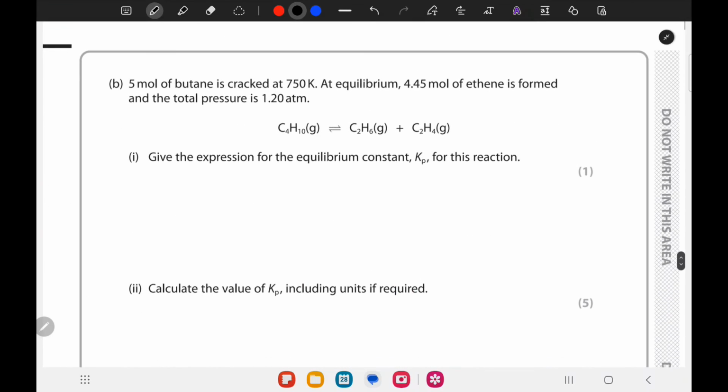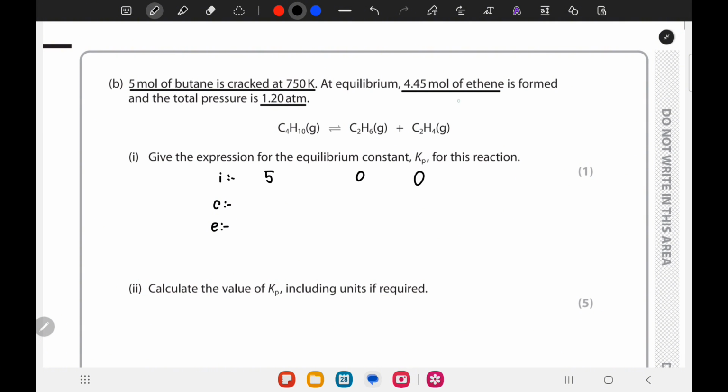Now moving to part B, we are given that 5 moles of butane is cracked at 750 Kelvin. At equilibrium, we have 4.45 moles of ethene and the total pressure is 1.20 atmospheres. So it's ideal if we make an ICE table for this reaction. Initially, we had 5 moles of butane and we didn't have any product. We have the change and equilibrium over here.